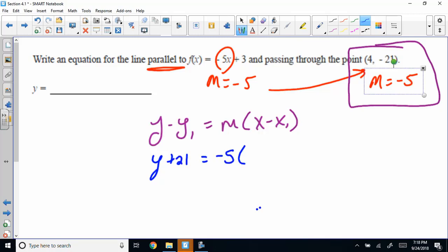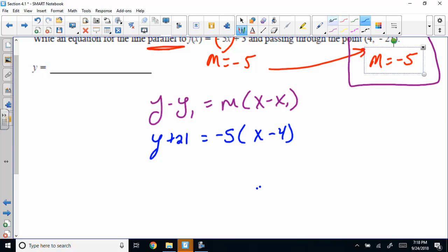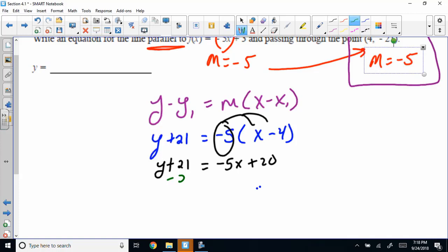Slope is negative 5, it doesn't change. X, that's a 4, now it becomes a negative 4. All we're going to do is distribute, bring down the y, plus 21 equals negative 5x plus 20, minus 21. Y equals negative 5x minus 1.